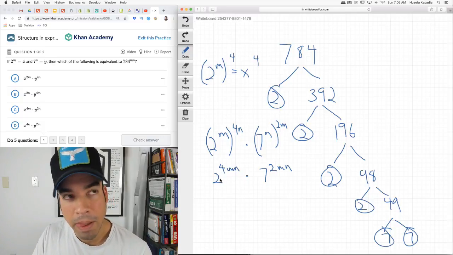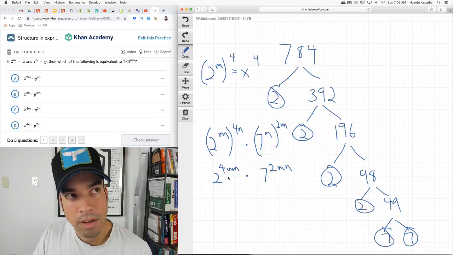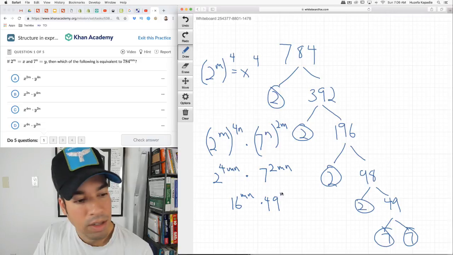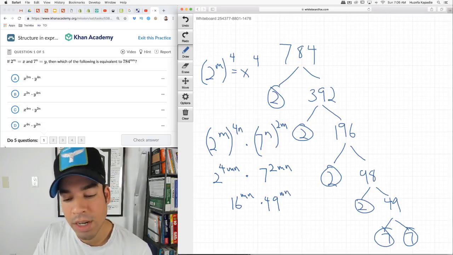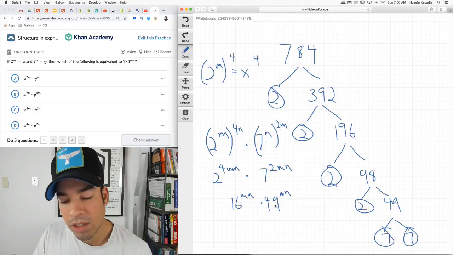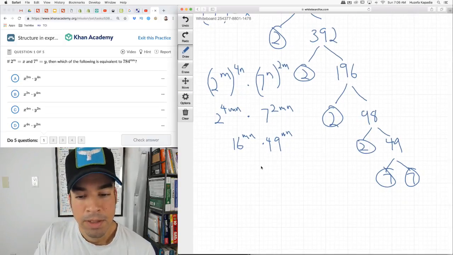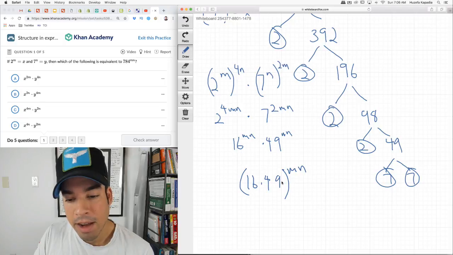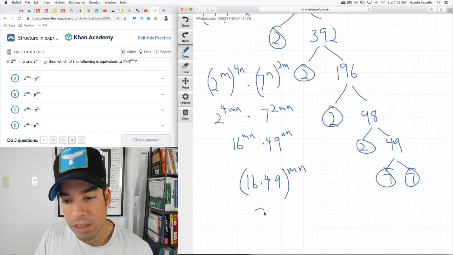And then this becomes 16 to the mn times 49 to the mn. I'm feeling like this is the right answer, but, oh, I get it. Yeah, it's D. And then, going from this, you could say this is really 16 times 49 to the mn. You see what I mean? And then we can just multiply these together, and we get 784 to the mn.